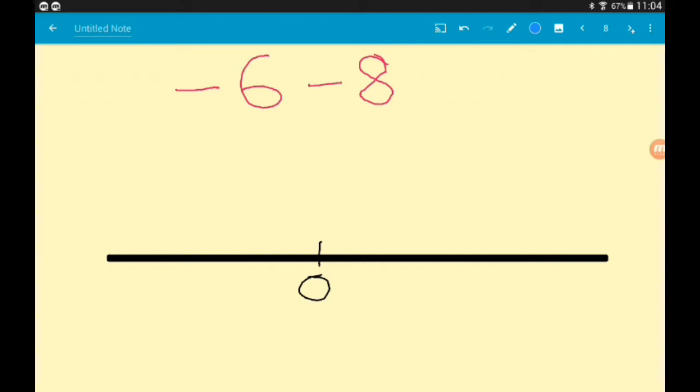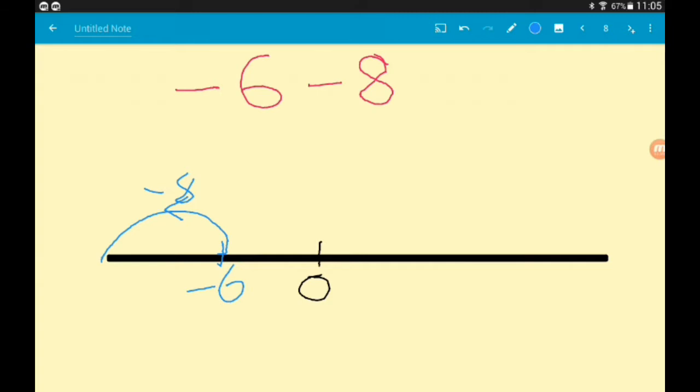So our first number, remember, is our starting point on the number line. So we're starting at minus 6. Now our instruction is telling us to go 8 places to the left because we've got minus 8. So we're not crossing 0 here. We're starting at minus 6 and we're going another 8 places into negative number land.